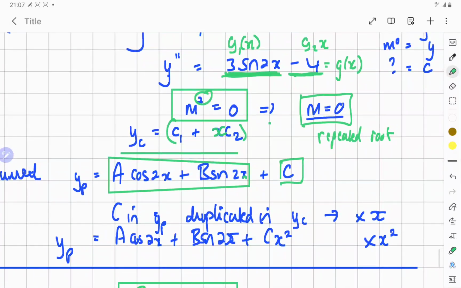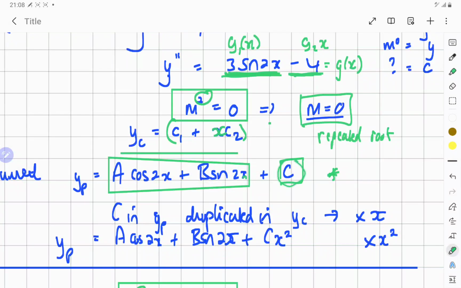So let's compare our assumed particular with our complementary. Here's our complementary solution. What do we see is repeated? Is anything repeated here in the complementary? No. Anything repeated here in the complementary?